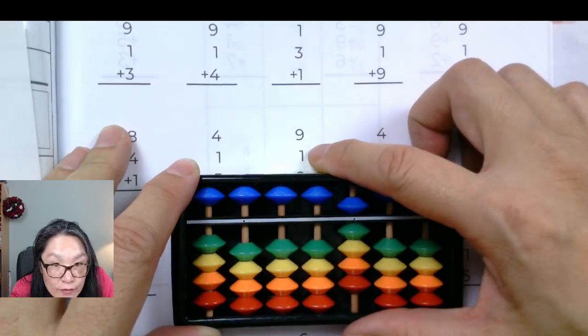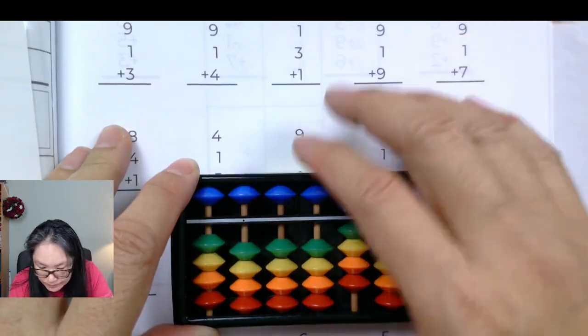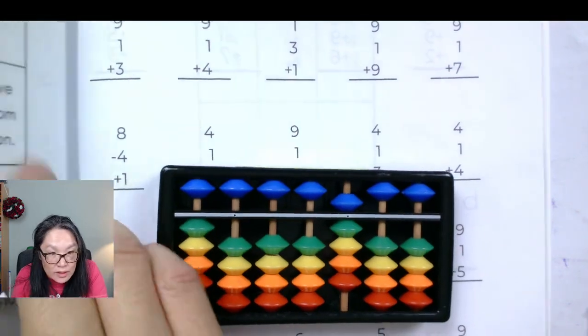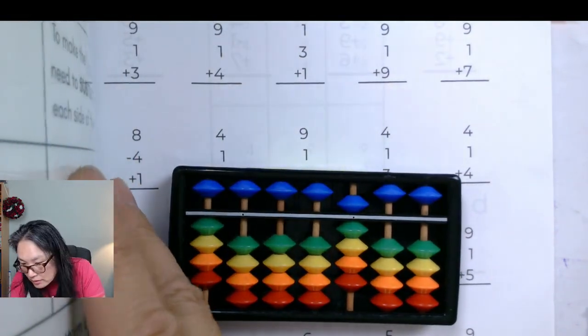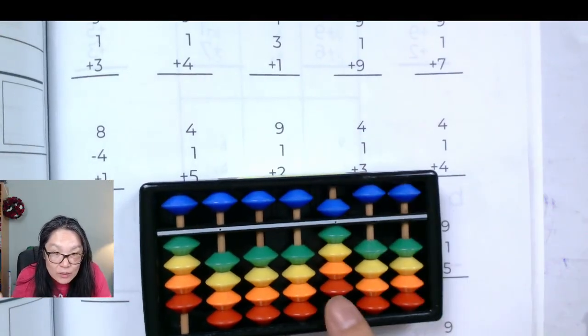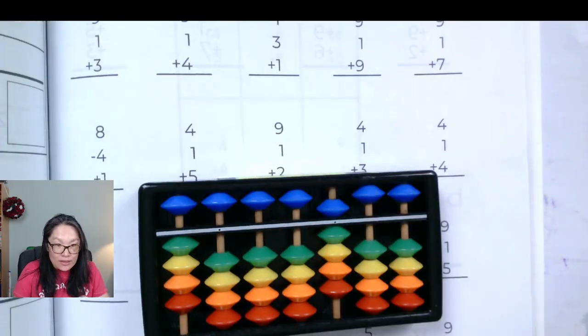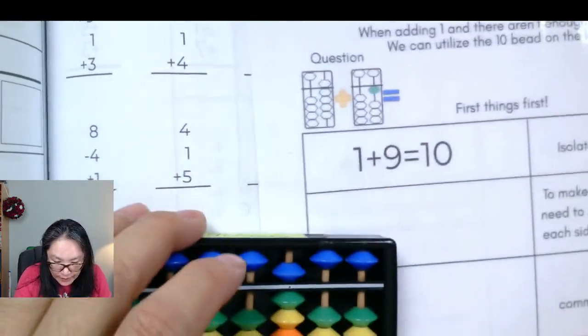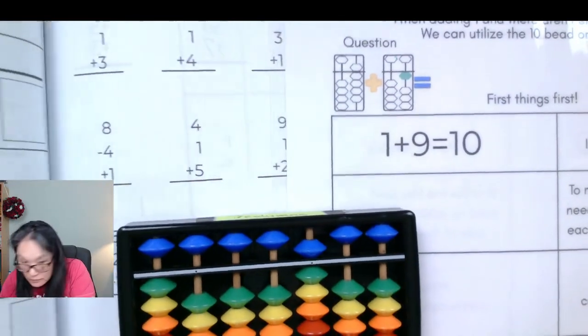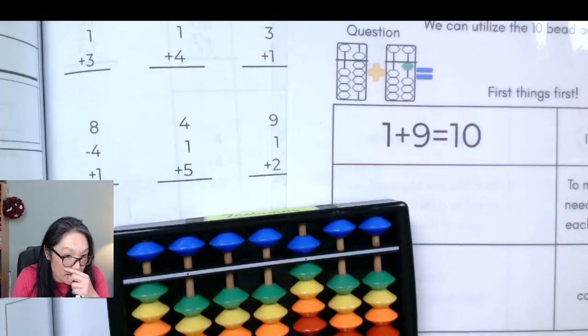What is the formula for plus 1? No, we want to add the 1. There's not enough beads to add the 1. So if there's not enough beads to add the 1, it's actually the other way. It's the 9.